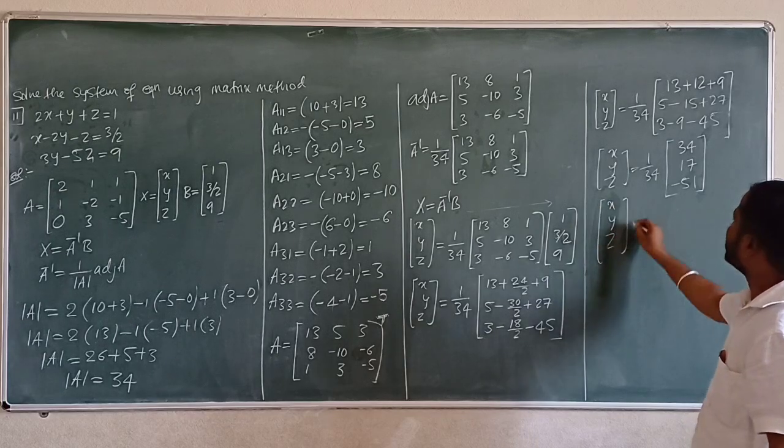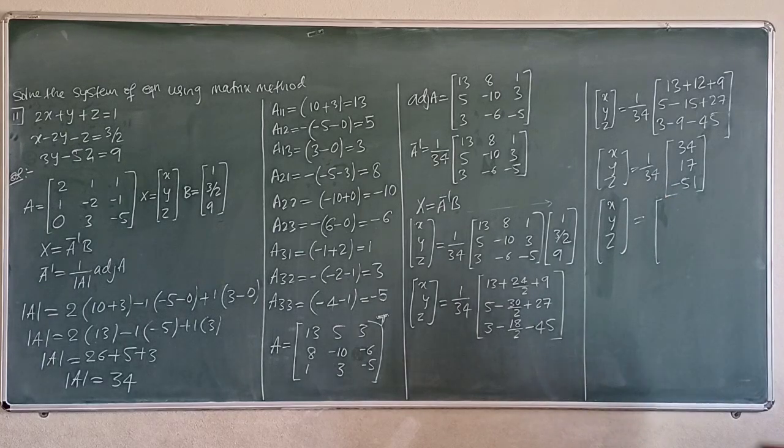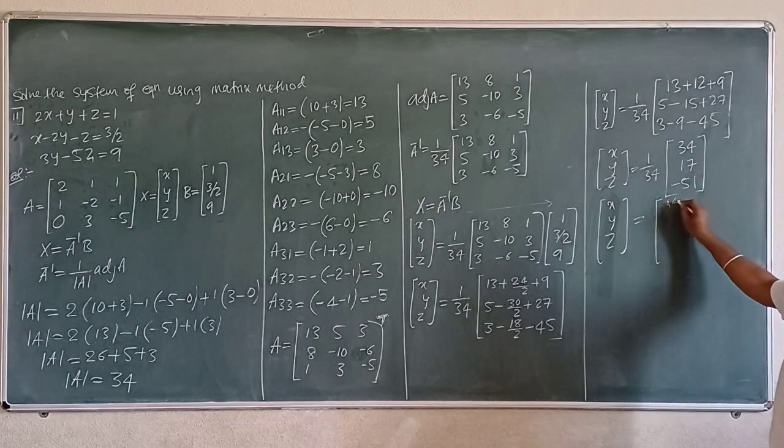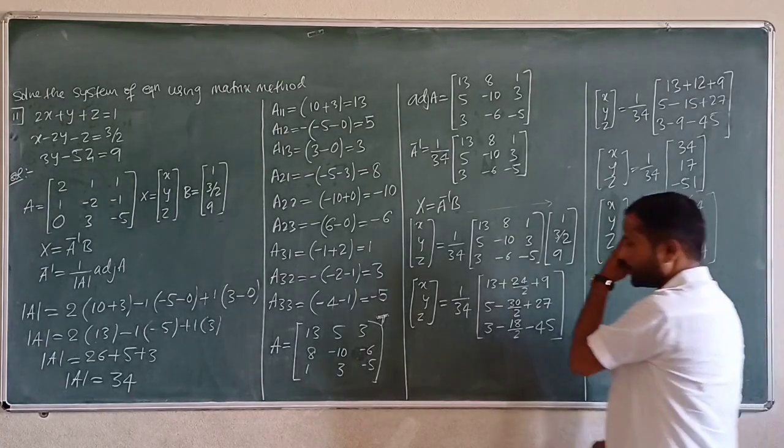Now divide 34 for all the terms. It becomes 34 by 34, this one 17 by 34, this one minus 51 by 34. Divide 34 for all the elements.